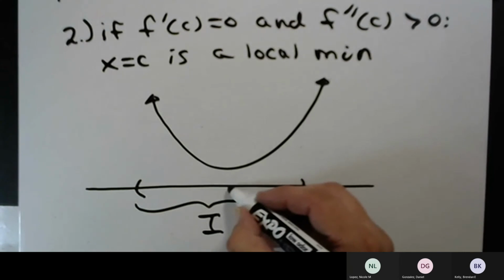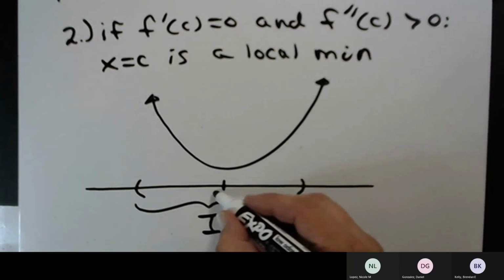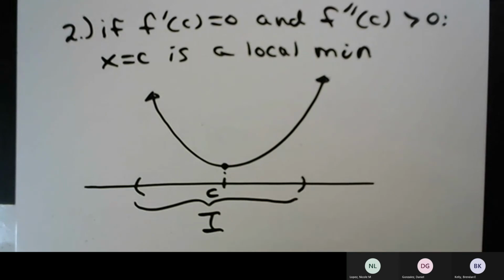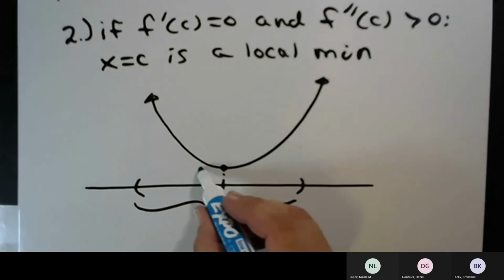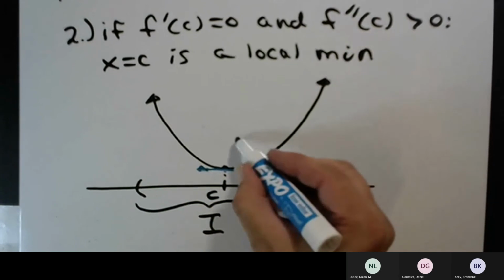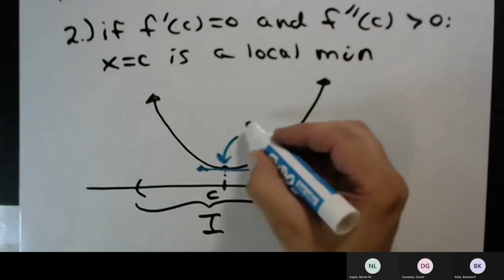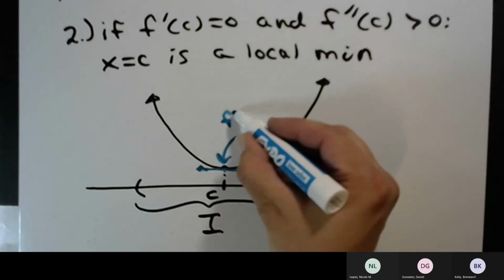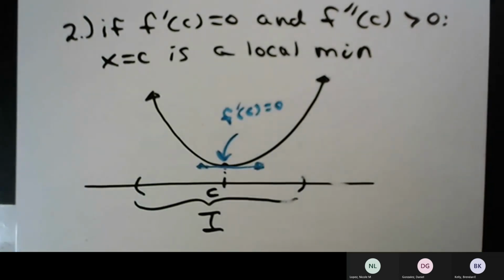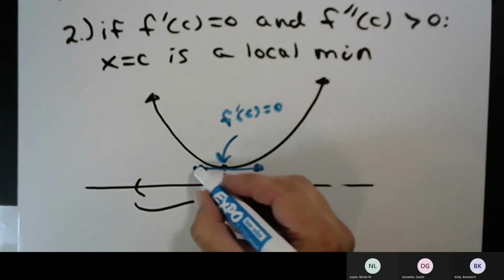So there's your I, there's c, there's the horizontal tangent line, f prime of c is equal to 0.